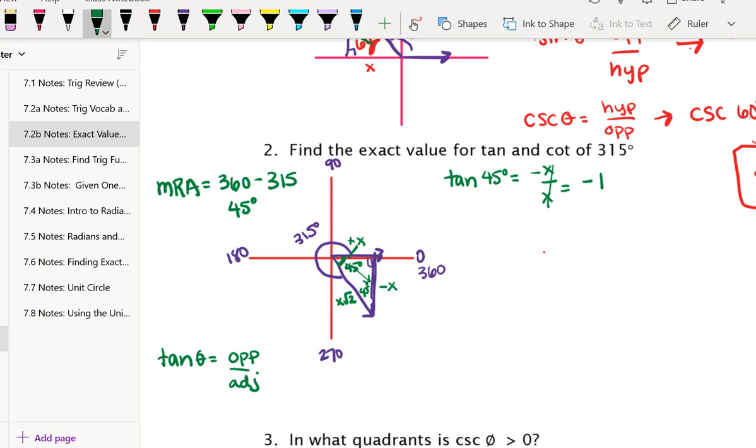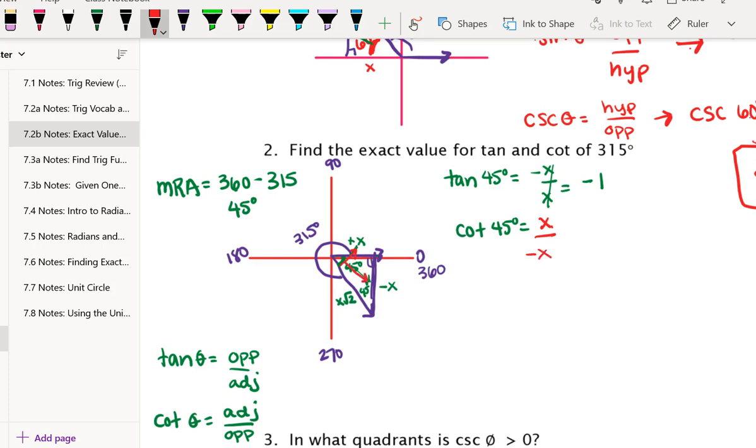For cotangent, it's the reciprocal. So cotangent of theta is equal to the adjacent over the opposite. So I'm going to say the cotangent of 45. Now we're still referring to that same angle. So the adjacent is this positive x, but the opposite is the negative x.